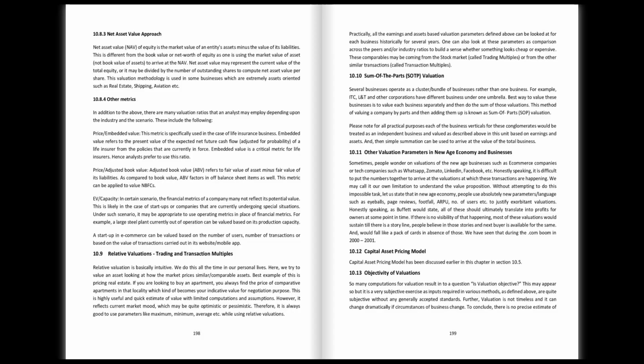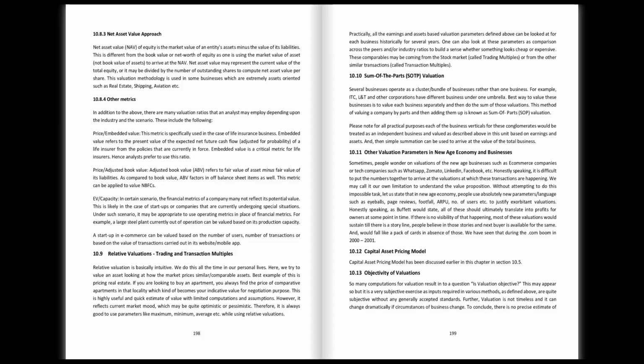This is a highly useful and quick estimate of value with limited computations and assumptions. However, it reflects the current market mood, which may be quite optimistic or pessimistic. Therefore, it is always good to use parameters like maximum, minimum, average, etc. while using relative valuations. Practically, all the earnings and assets-based valuation parameters defined above can be looked at for each business historically for several years.